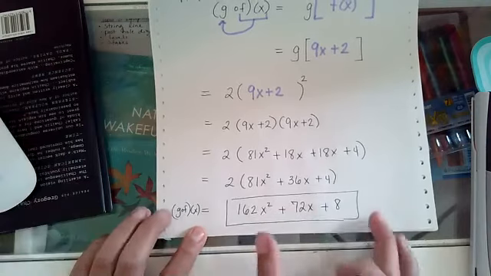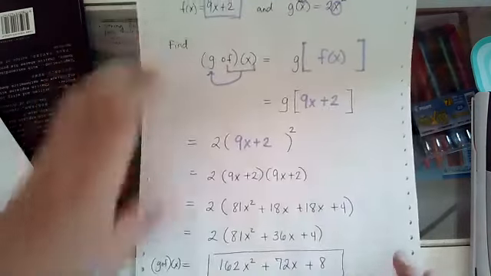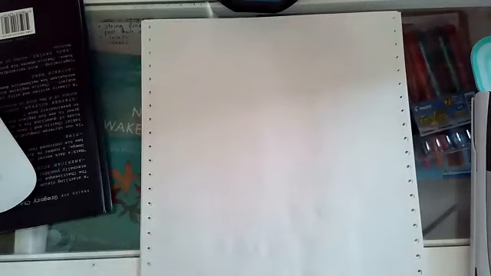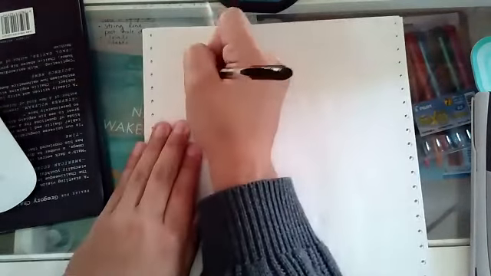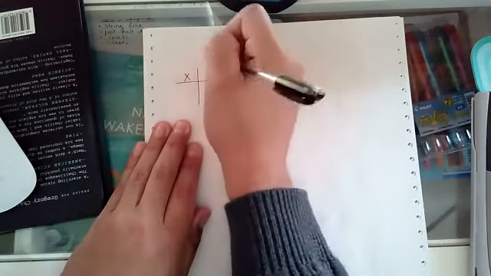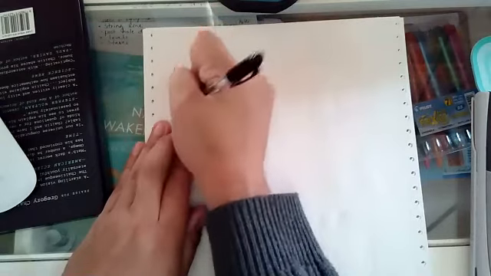And one specific kind of problem that you will see in MyLabs Plus that's related to this is that they will give you 2 tables that represent functions, and you'll have to do this composition operation. So they might give you a table that looks like this. X and then f of x are our values here. So this is our function values.